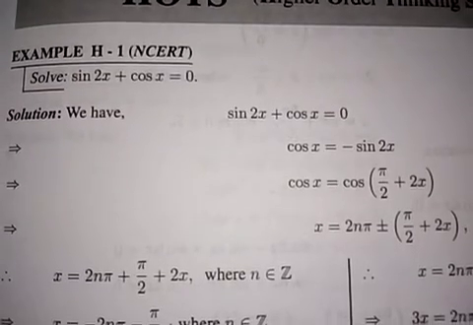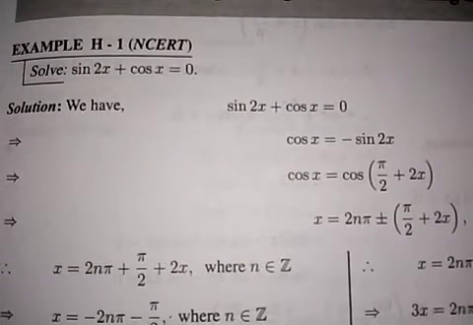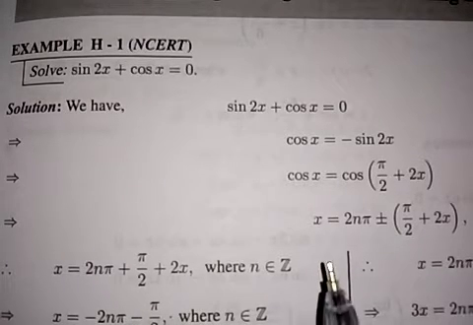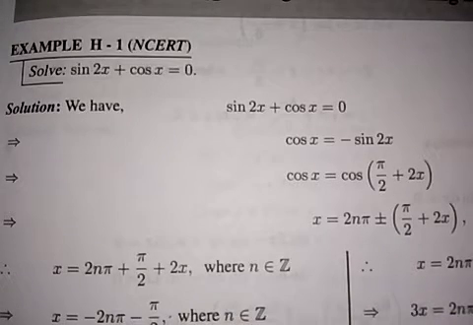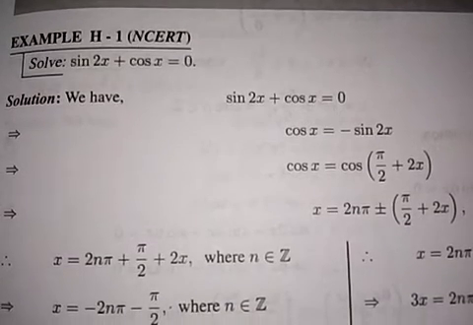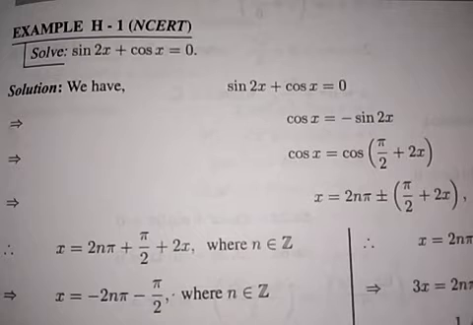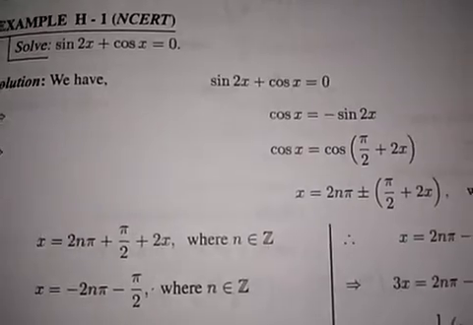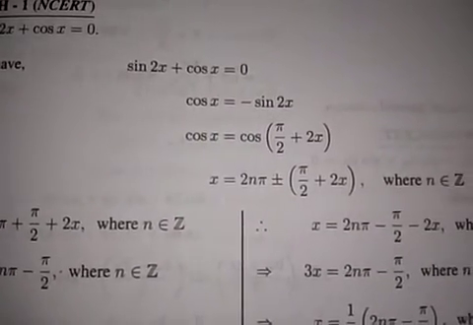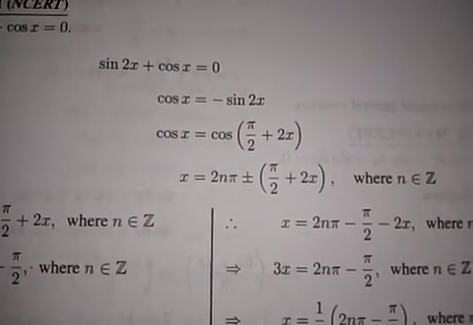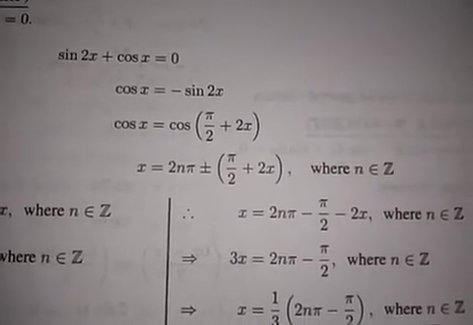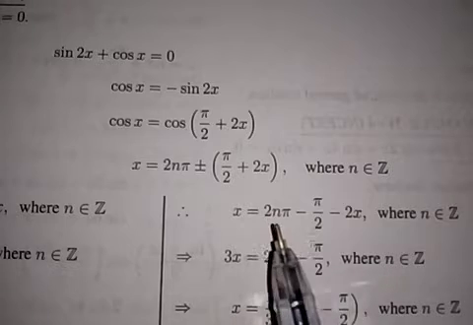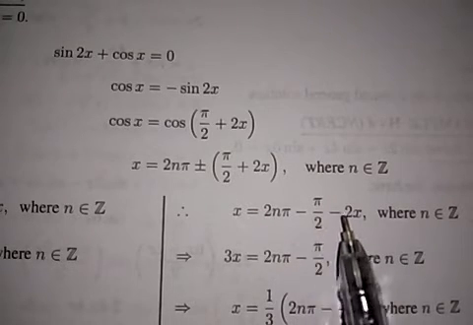Then we can write x equal to 2nπ plus (π by 2 plus 2x). Taking the positive sign first and the negative sign the second time, after simplification we have x equal to minus 2nπ minus π by 2, where n belongs to Z. Similarly, if we take the negative sign, then x equal to 2nπ minus (π by 2 plus 2x).